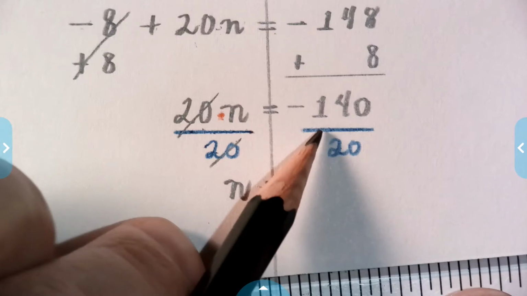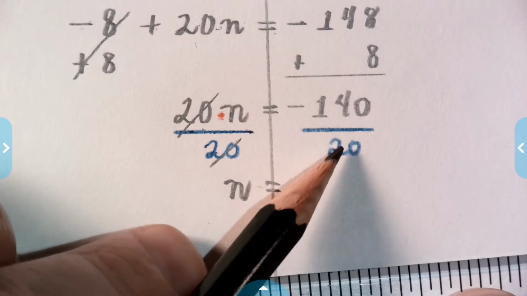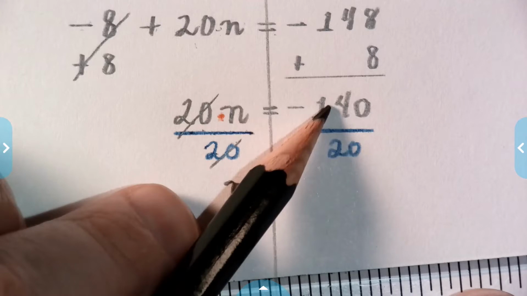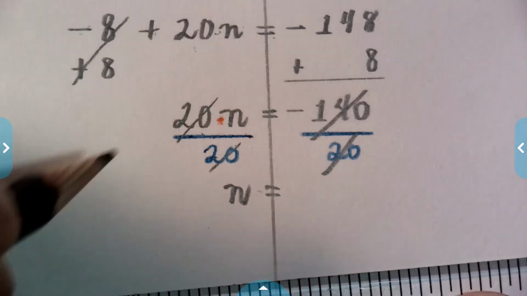Well, 20 goes into 100 5 times, it goes into 126 times, so it must go into 140 7 times. So if I divide 140 by 20 and 20 by 20, I leave behind a 7 here and a 1 here, so n equals -7.